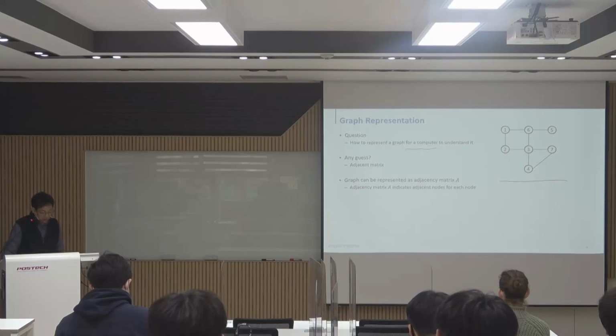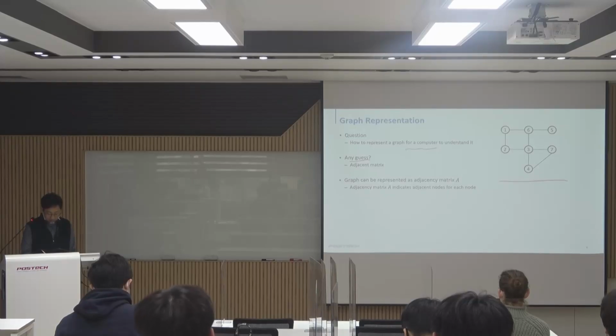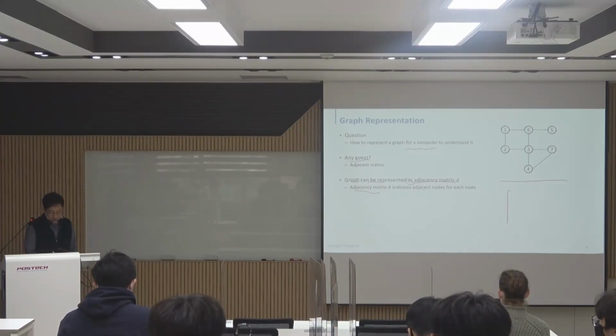Any guesses? One way, I guess there are more than one, but one way that we can represent it is that a graph can be represented as adjacent matrix A. Adjacent matrix A indicates the adjacent nodes for each node.